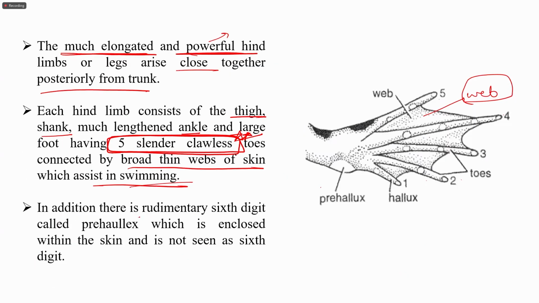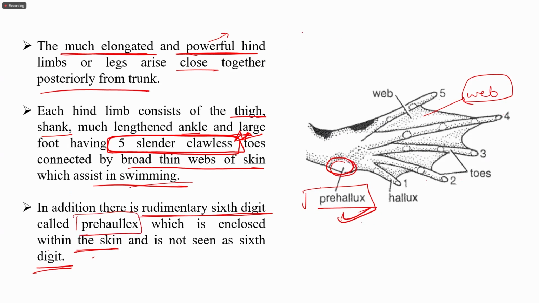In addition, there is a rudimentary 6th digit, the prehelix, which is enclosed within the skin and is not seen as a 6th digit. It is not very well developed, and therefore it is not considered a separate digit. It is a protruding structure known as the prehelix, rudimentary in nature.